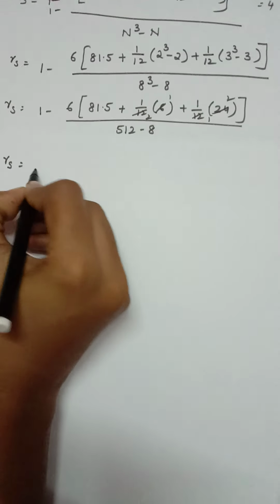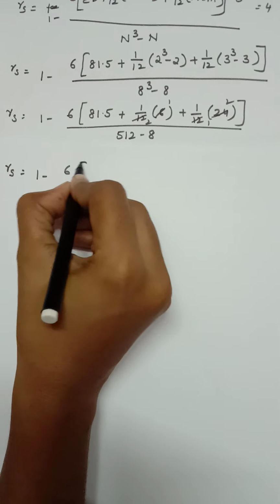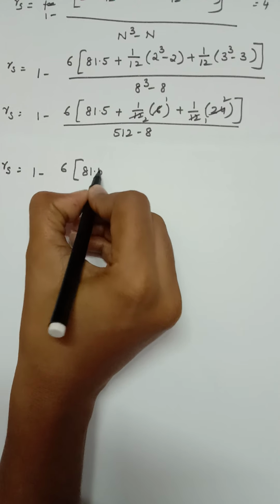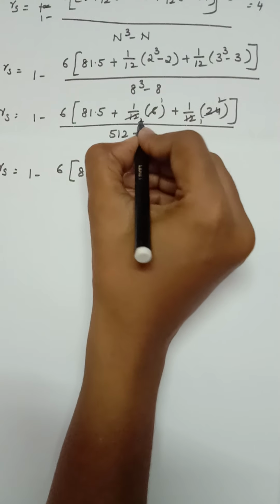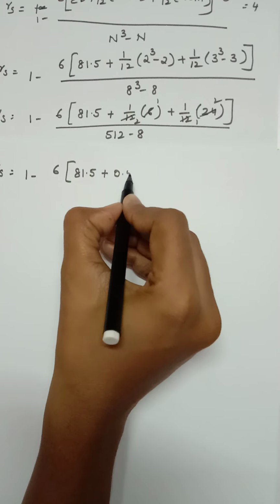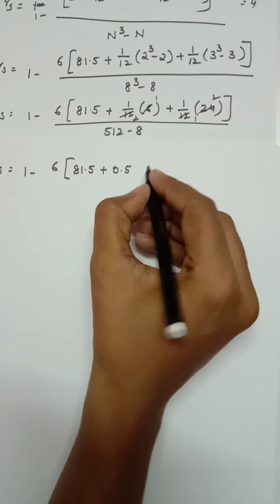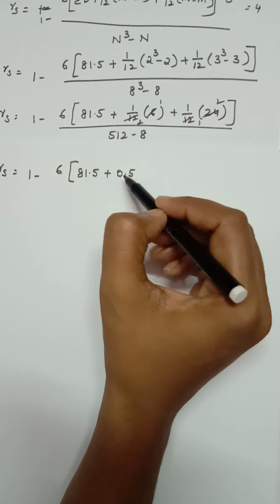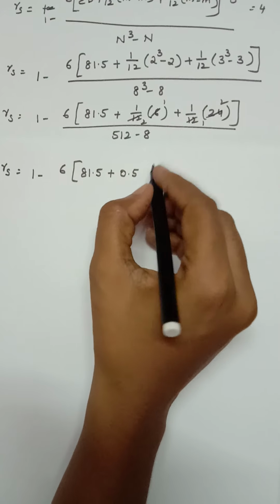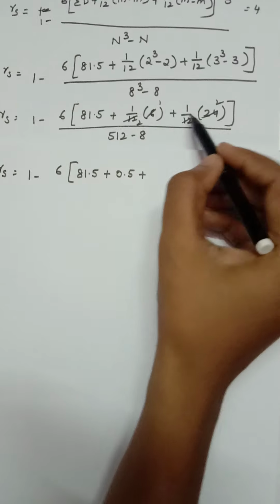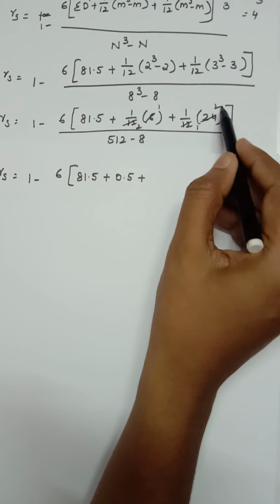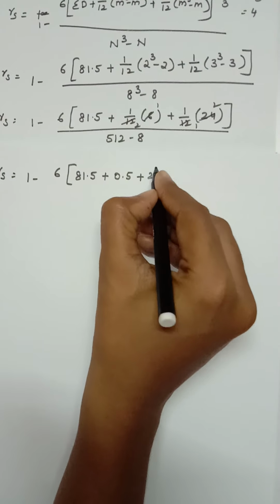RS is equal to 1 minus 6 of 81.5 plus 1 by 2. I will write it in decimal, 0.5, plus 1 by 2, as 12 ones are 12, 12 twos are 24, so we got 2 here.